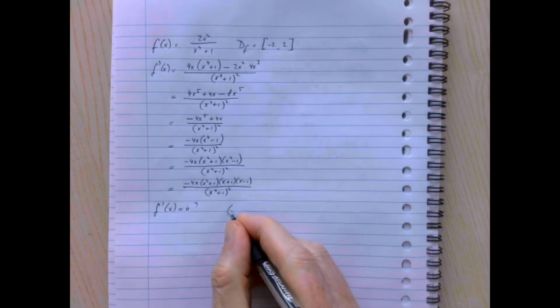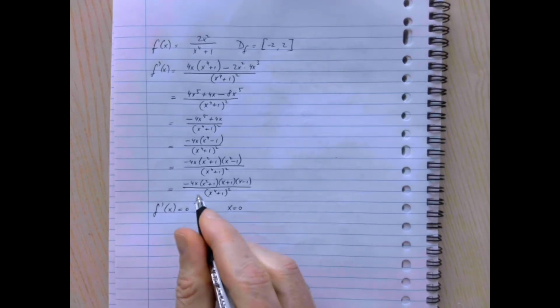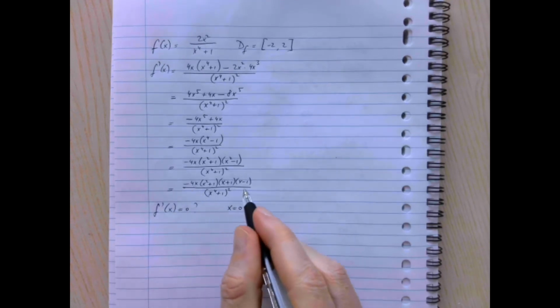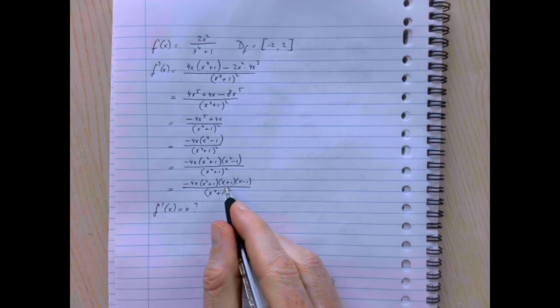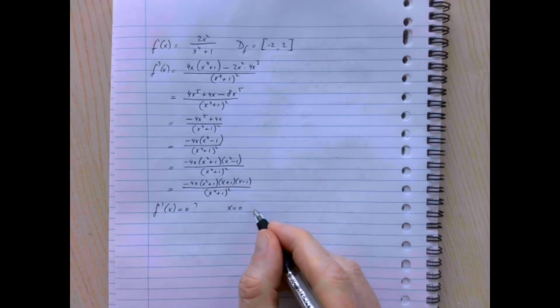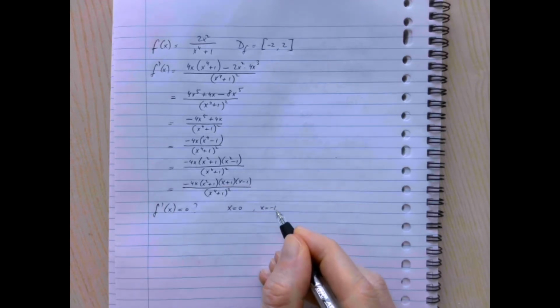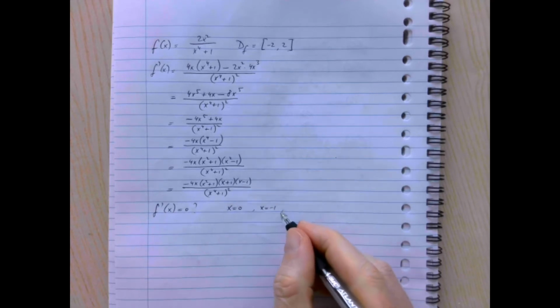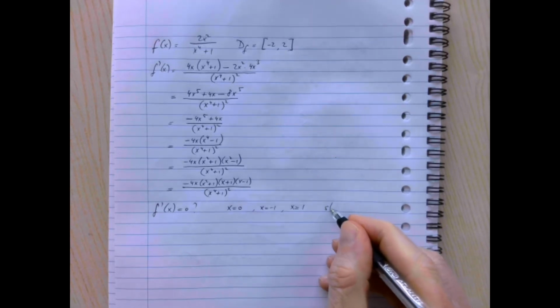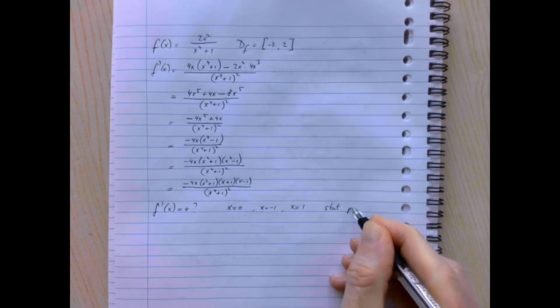So x equals 0 is the first stationary point. The second one is x plus 1 equals 0, or x equals minus 1. That's going to be a stationary point, and likewise x equals 1 is going to be a stationary point. So these are the stationary points. These are three of the candidate points for the maxima and minima for this function.